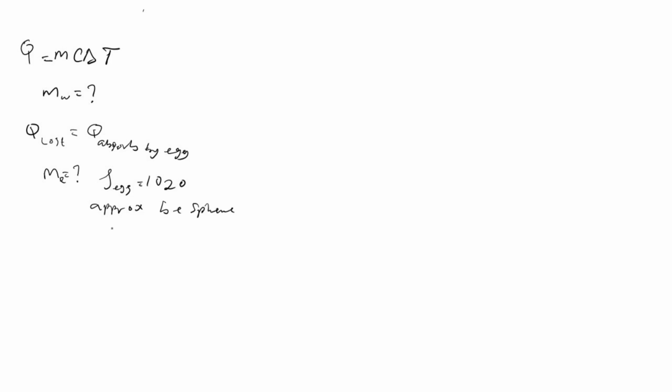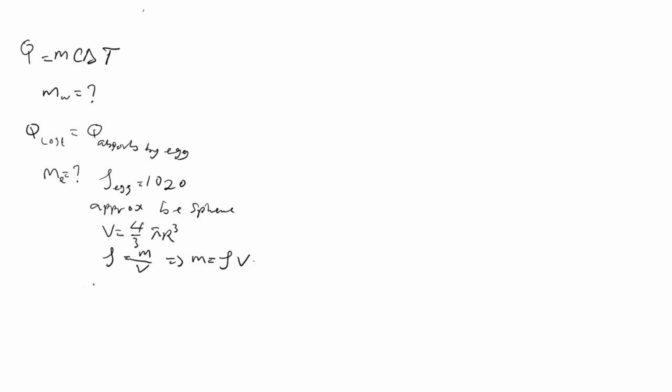With that, we can obtain the volume of that sphere, which is 4/3 pi r cube. So we know our density is equal to mass over volume, which implies that the mass is equal to density multiplied by the volume.